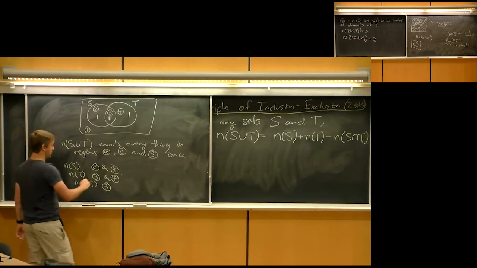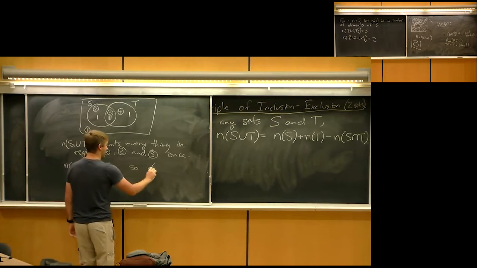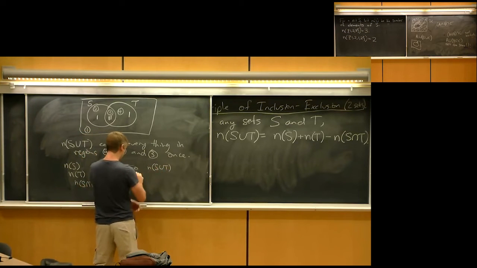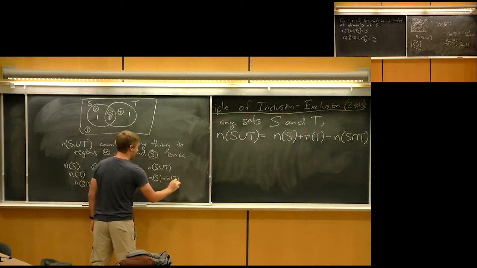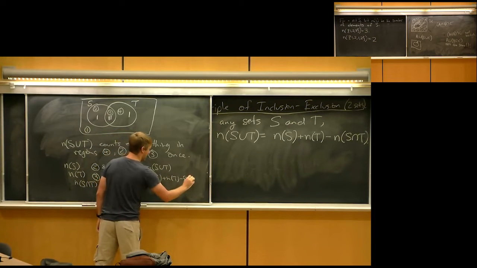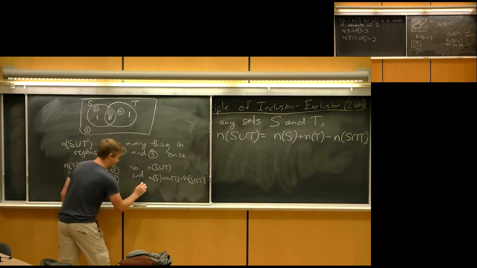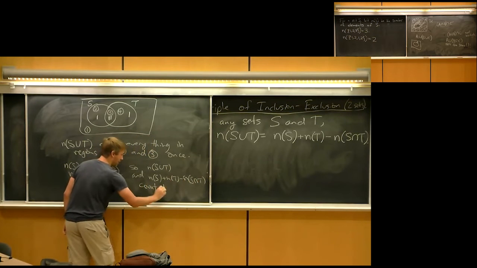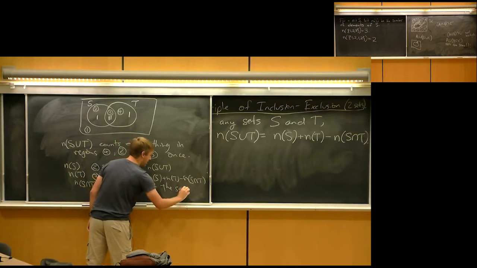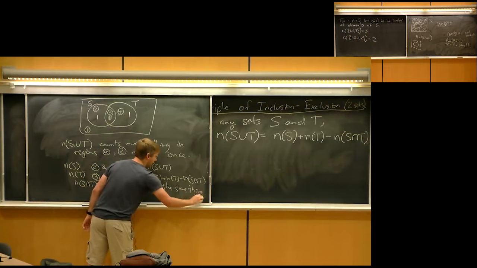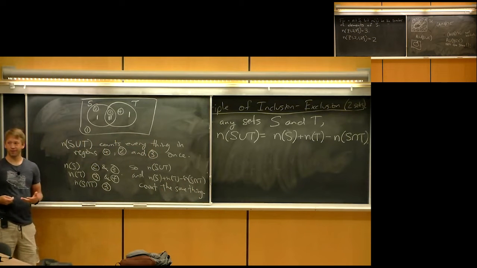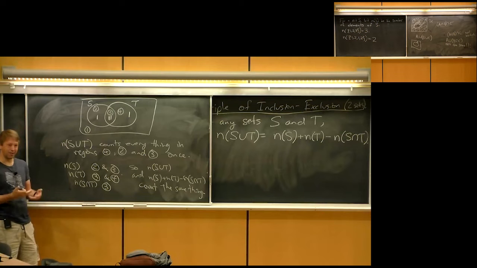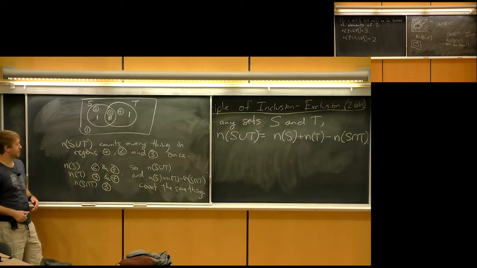So if I look at n of S union T, and n of S plus n of T minus n of S intersect T, they count the same thing, and so they must be equal, right? If you count the same thing in two different ways, the things you get must be equal.